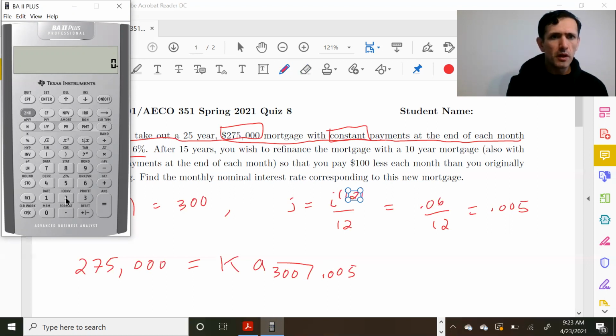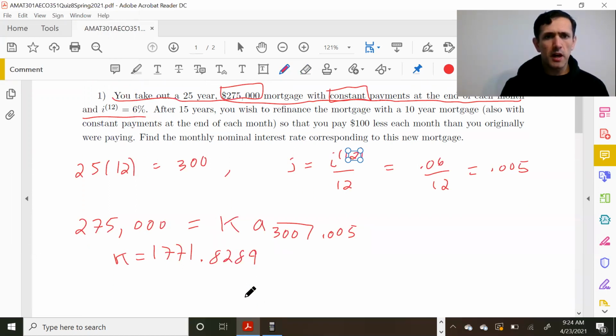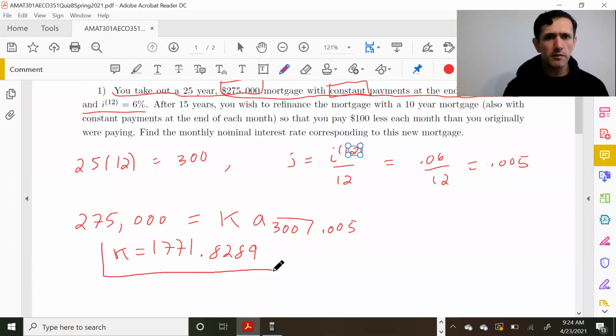So, 275,000 present value, 300, and 0.5 interest, and we get 1771.8289. That is the payment value for this mortgage.